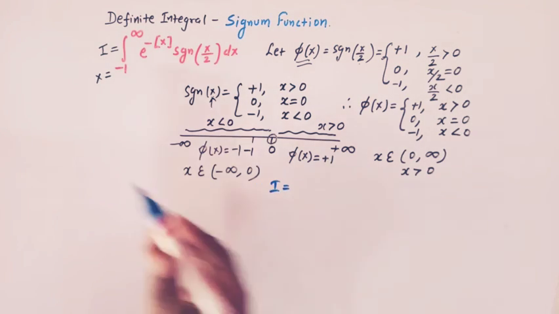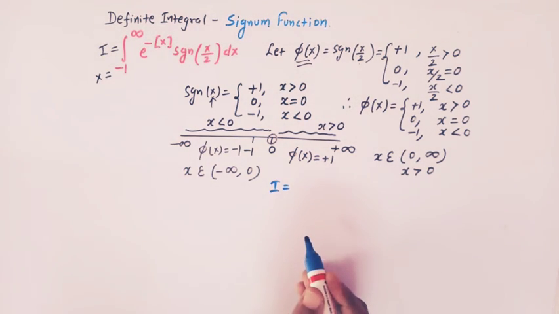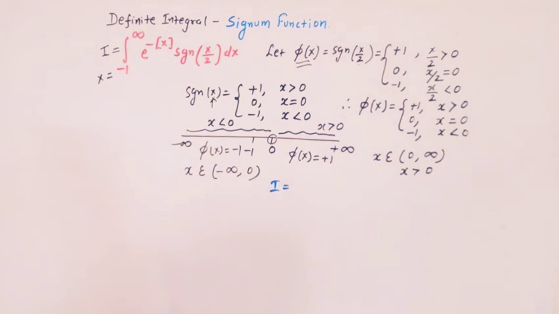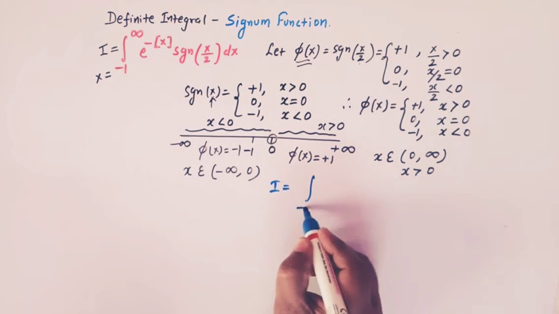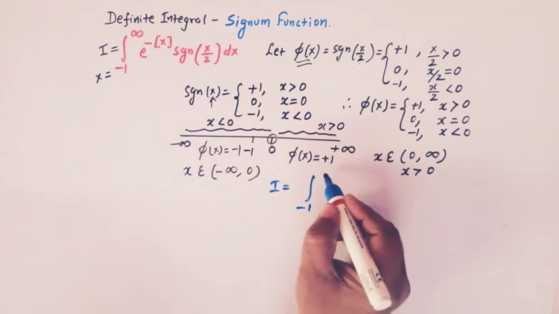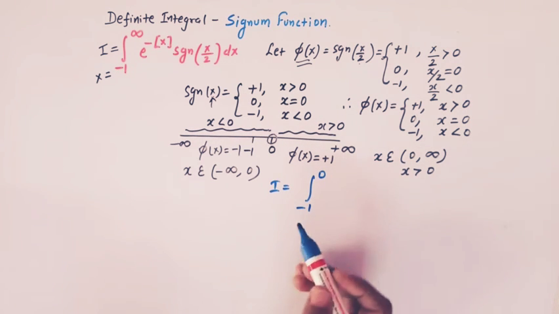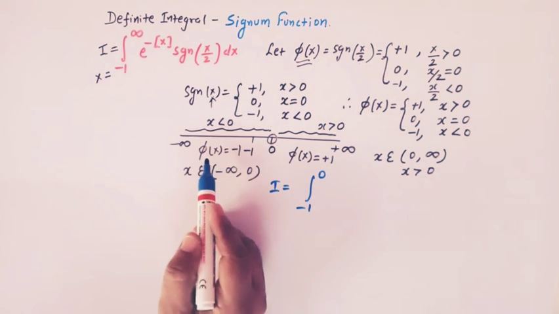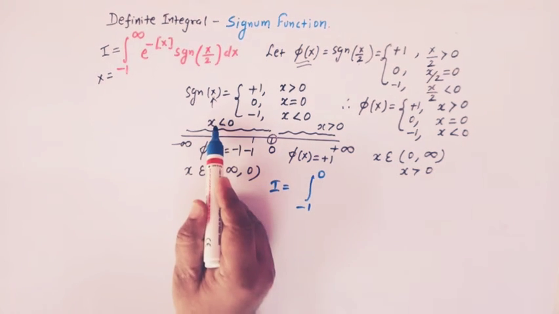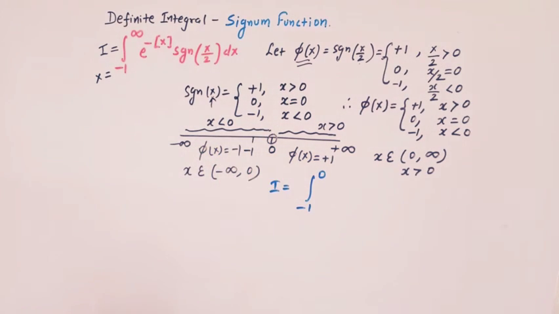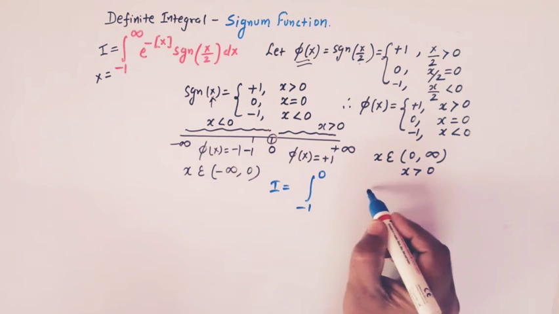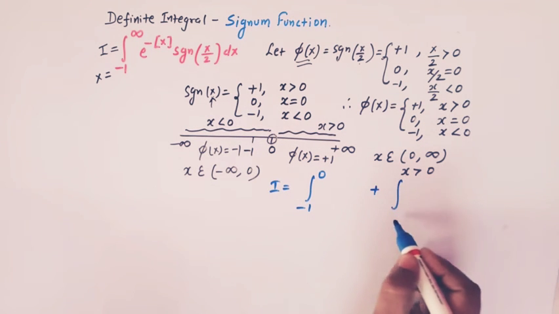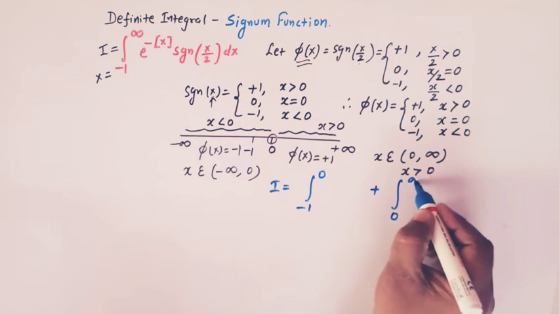Now I can be written as a sum of two integrals. The first one is from -1 to 0, because in this interval from -1 to 0, x is less than 0. And then we have the integral from 0 to infinity.